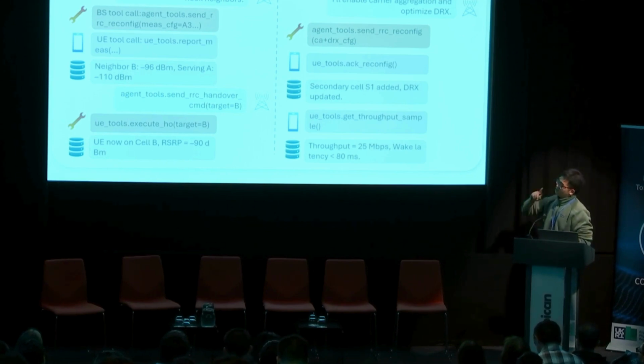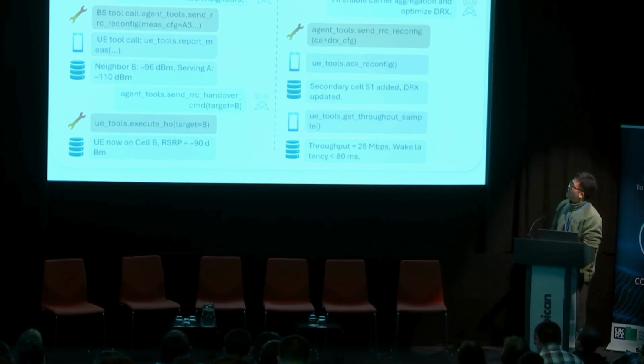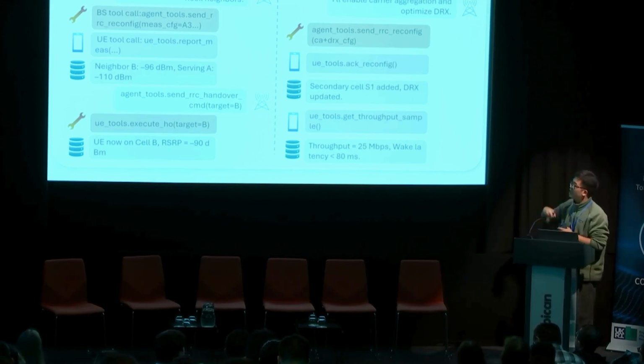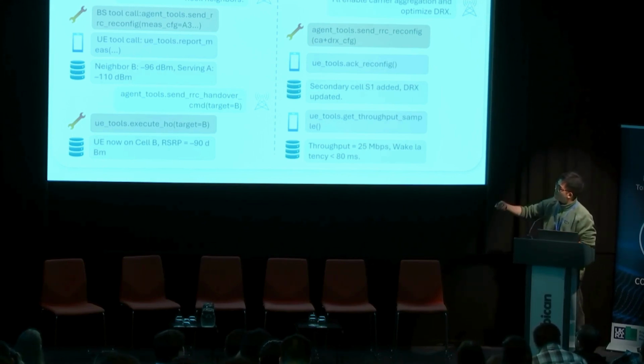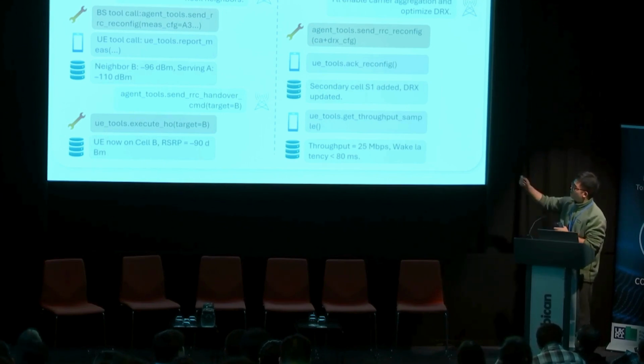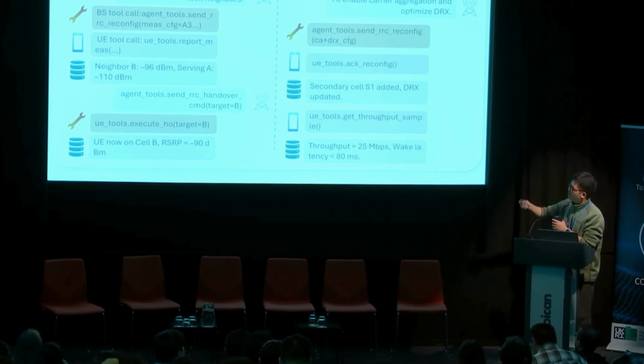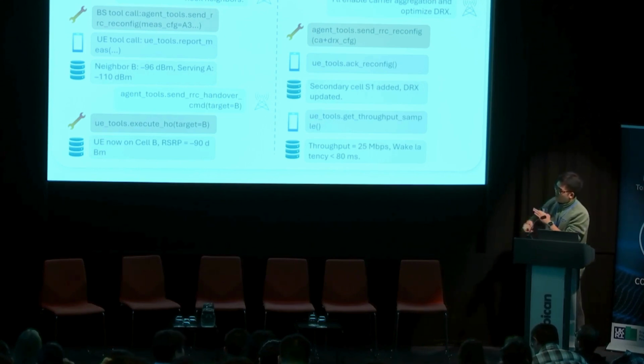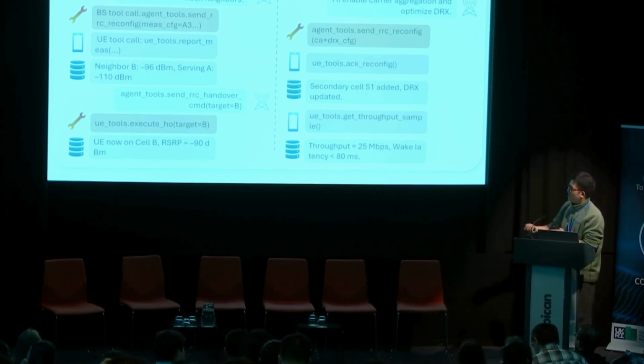The user equipment says, our signal strength is very weak, I need to do something, and the base station receives this message and helps configure. So you make a measurement first, then call the get measurement function, get the real data from the database, then execute the change base station action, and get the result.